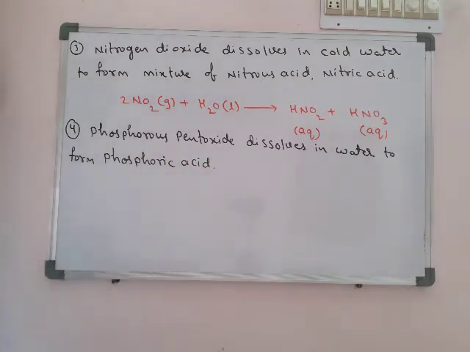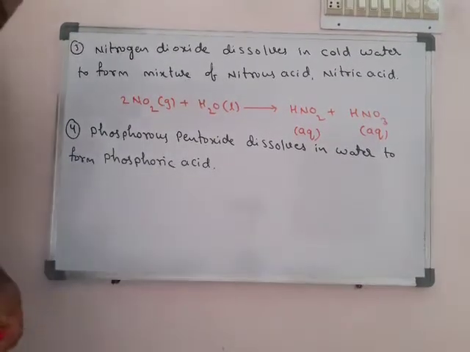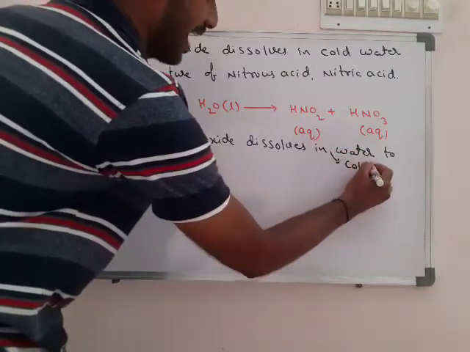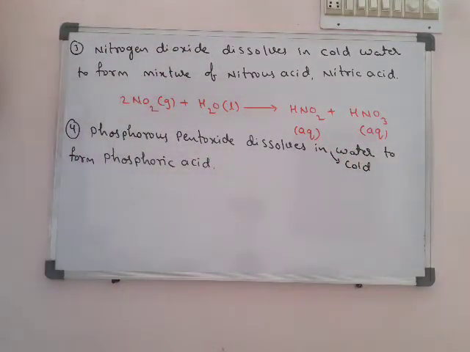Okay, so can you guess the formula of phosphoric acid? Here also we can put cold water. It also reacts with cold water. Just add the cold water at that place.